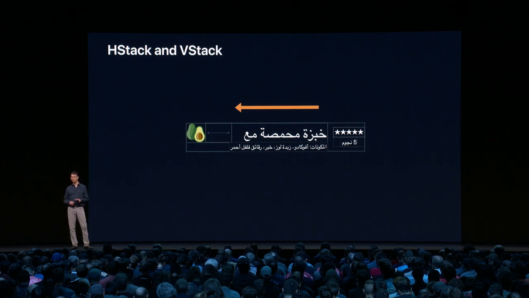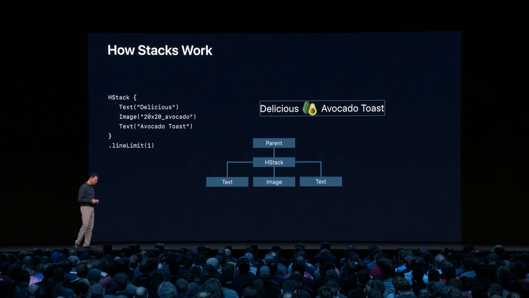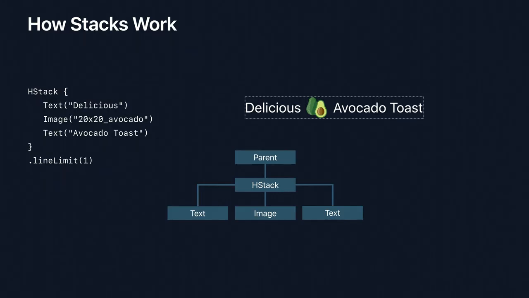Okay, so let's get an inside look at stack layouts. Now, most views we've looked at so far have effectively been a linear chain of children. But stacks are interesting because the children have to compete for space on an equal footing.